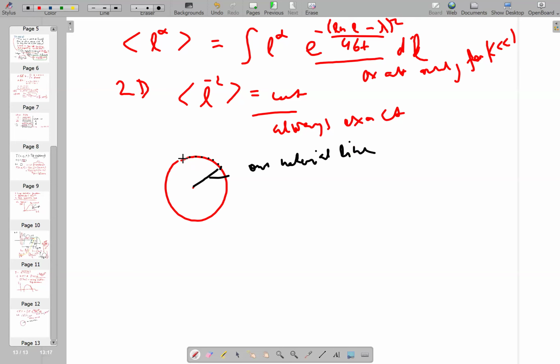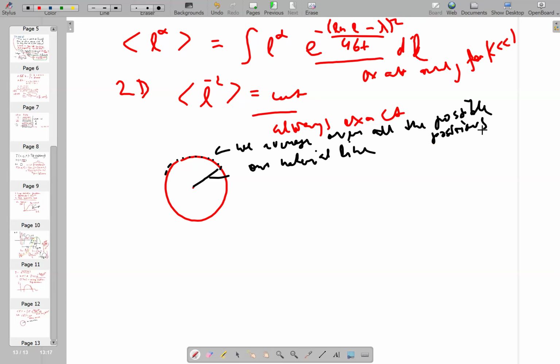We average over all the possible positions. And that's what's going to happen.